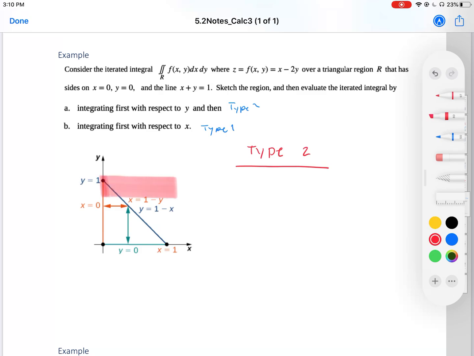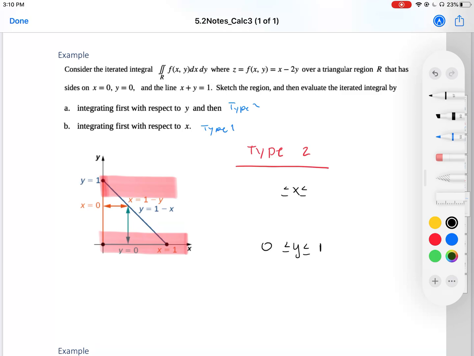So we look at our function from left to right, and we see that our highest and our lowest point is 1 and 0. And that is for y. So we have 0 through 1.